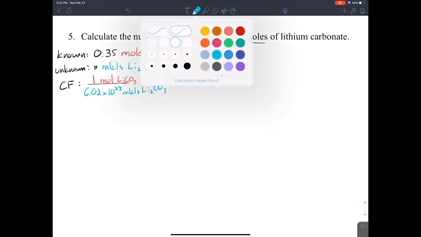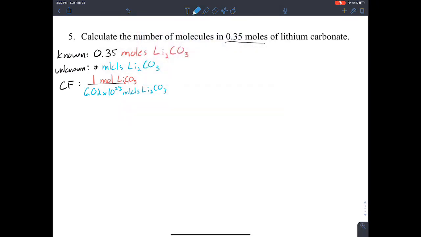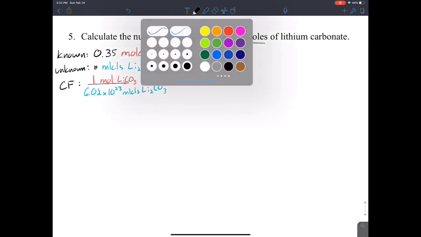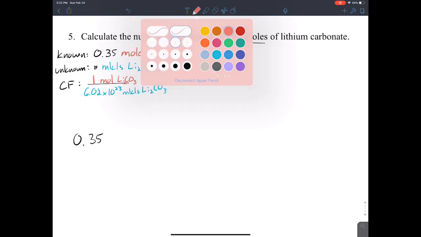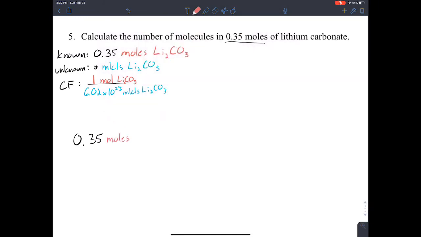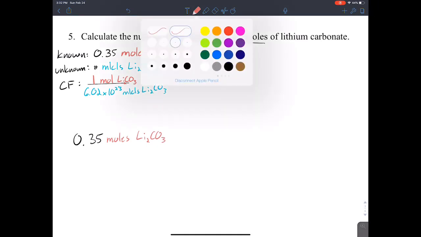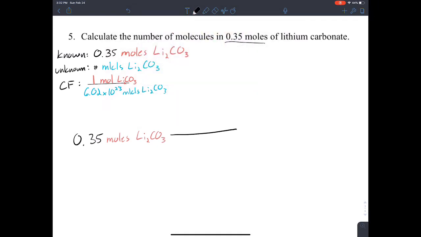We have everything we need once again. So we're going to multiply our known, which is 0.35 moles of lithium carbonate, by our conversion factor.